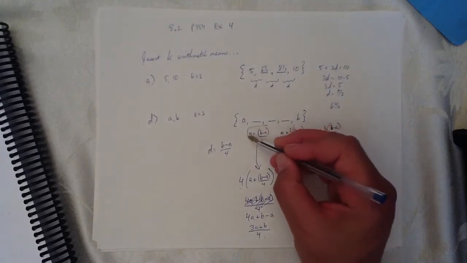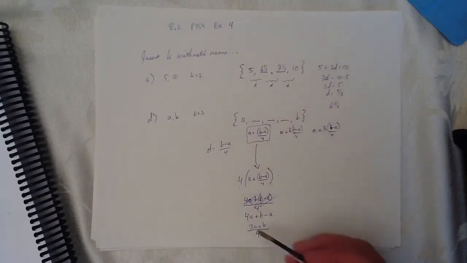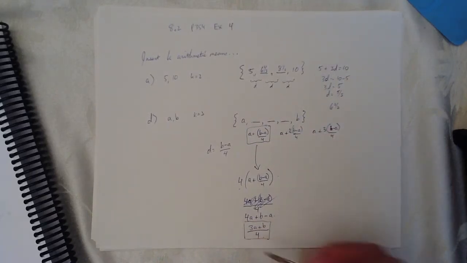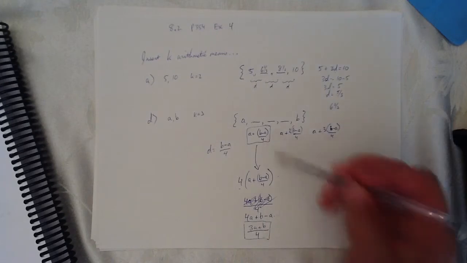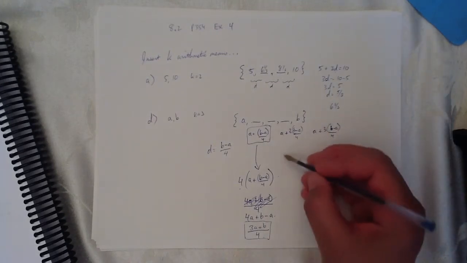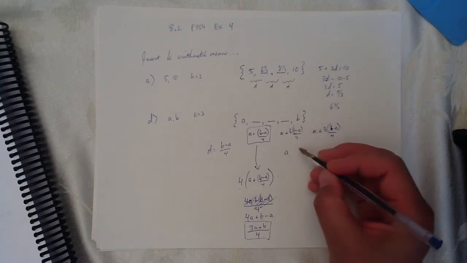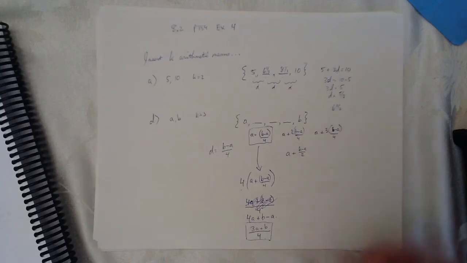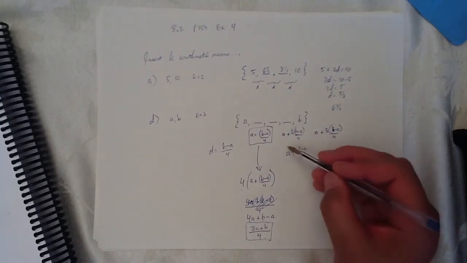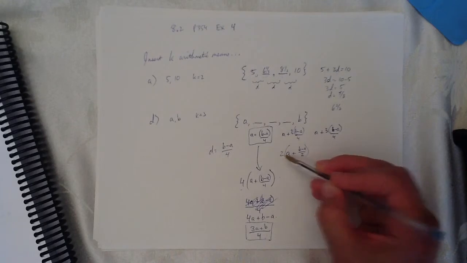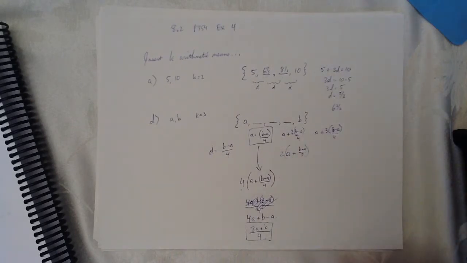This, to me, is fine, but the answer key shows it like this, and this is actually the same thing as this. This one here, if we simplify it, we cancel out the 2 and the 4, we get a plus (b minus a) over 2. And in the same way, we can multiply this whole thing through by 2, as long as we promise to divide it by 2 again later.